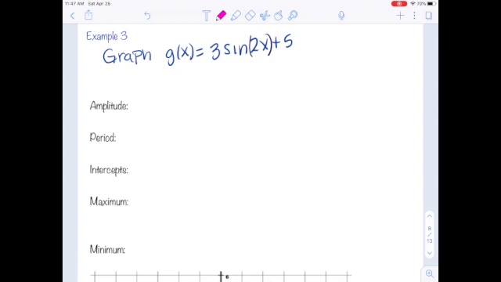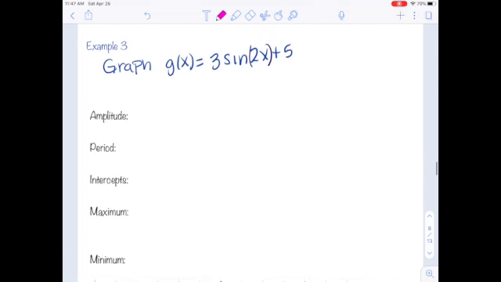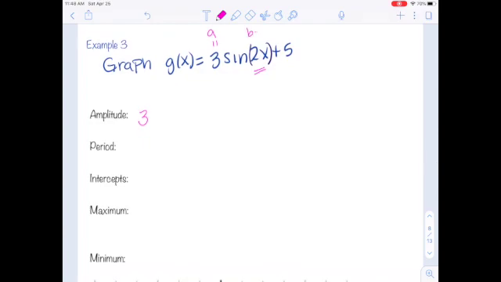So we're going to graph g of x, which is 3 sine of 2x plus 5. Take a look. Let's find our a value. We've got our a value of 3, so our amplitude is 3. Our period has been changed because we have a b value. So b is equal to 2, so let's find our period.